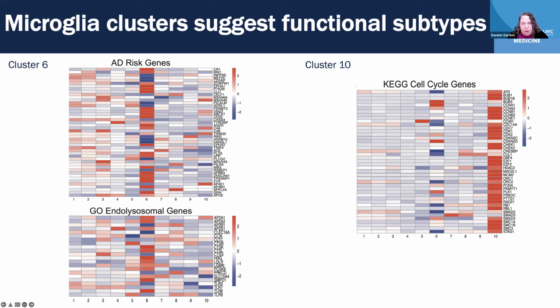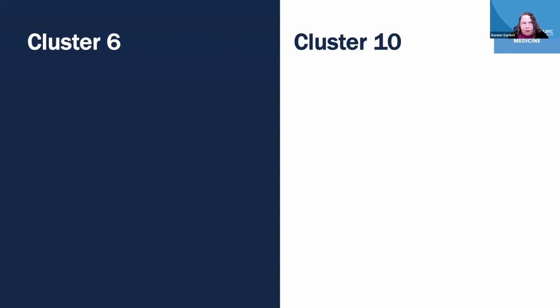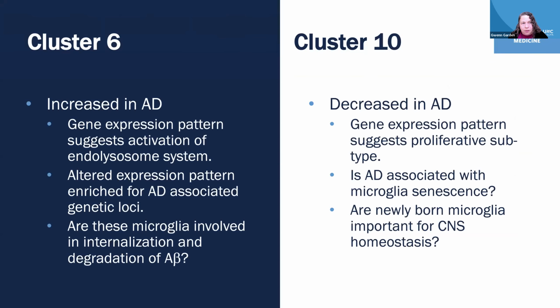So what can we say about these findings about what's actually happening to microglia in the AD brain? In cluster 6, where we see more cells, it appears that that particular type of microglia has a transcriptional profile that is associated with increased expression of genes associated with the AD risk alleles, but also with this endolysosomal activity.